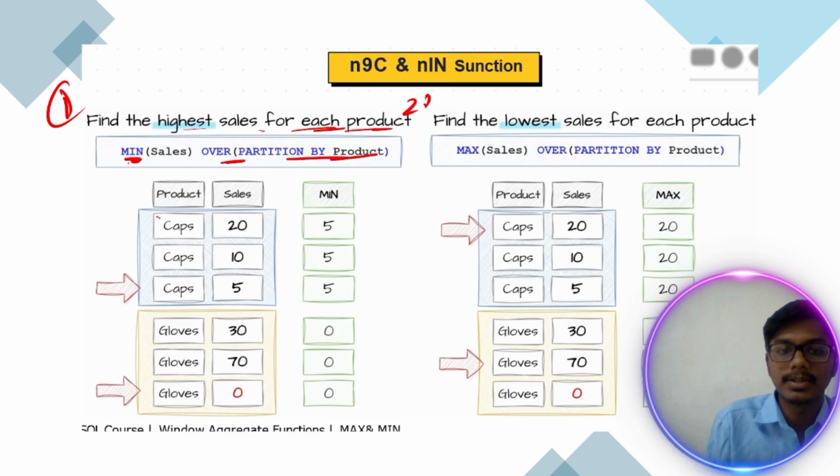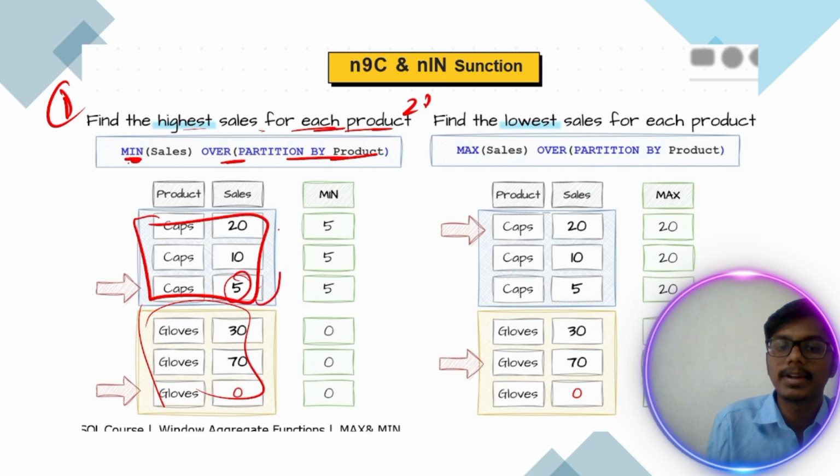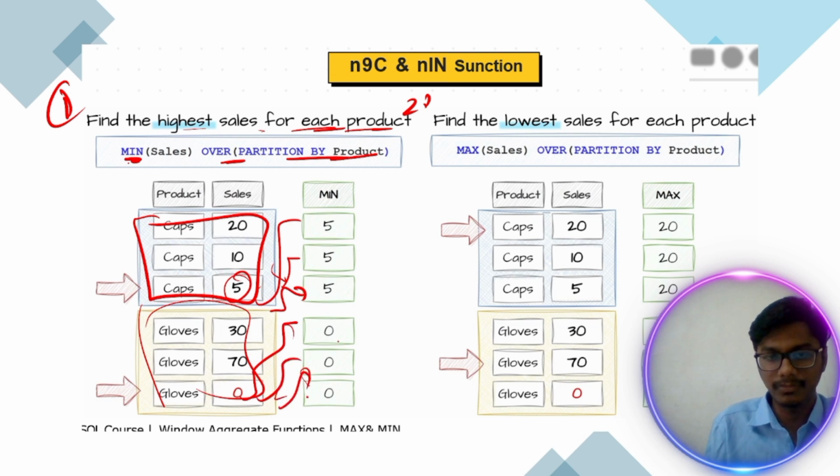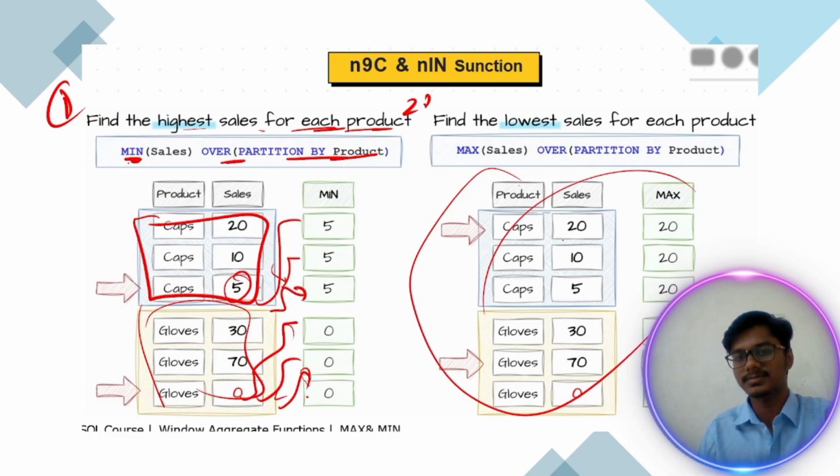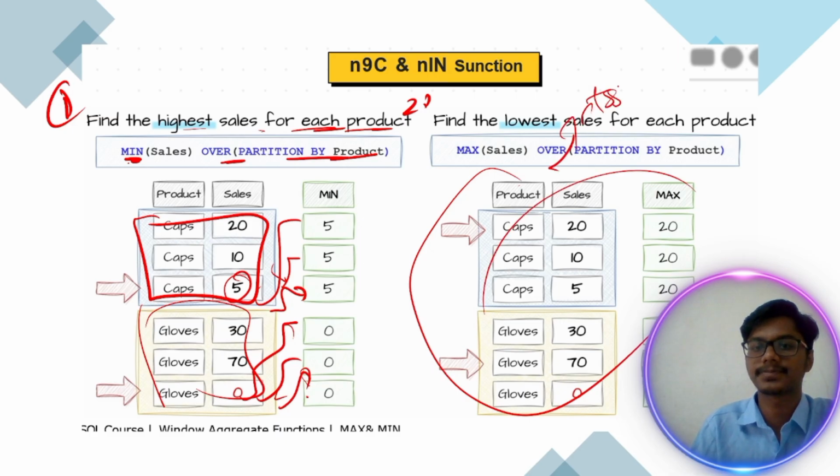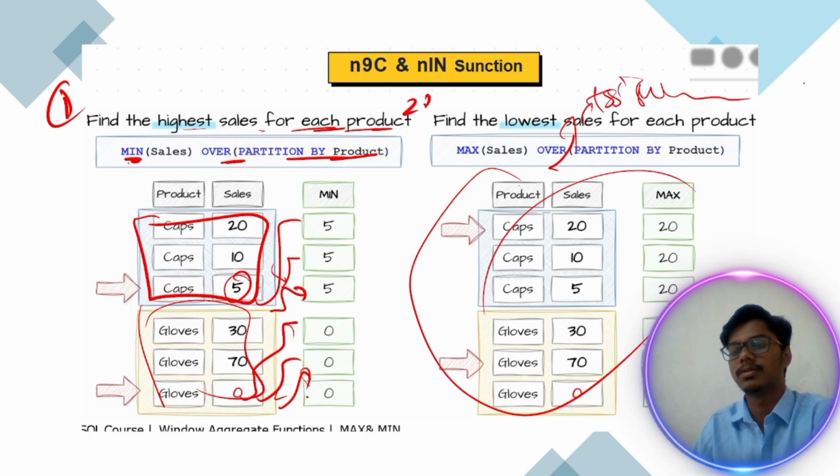It makes two subsets of windows, caps and gloves, finds the minimum value and places it into each row. Here the minimum value is 0, so 0, 0, 0. Same for the MAX function. It is an assignment, guys, just do it on your own.